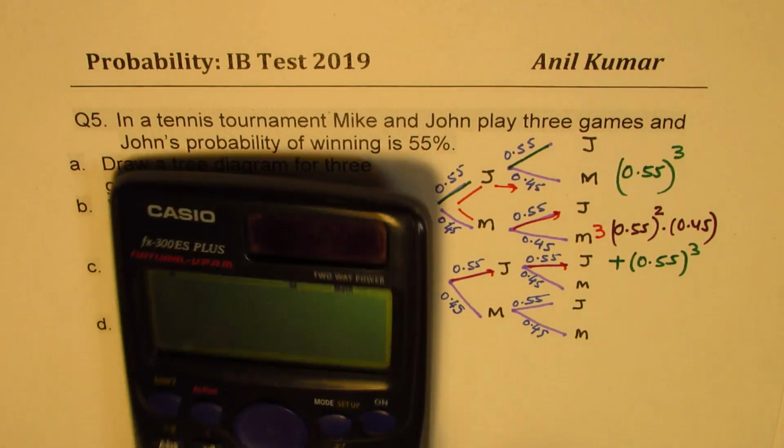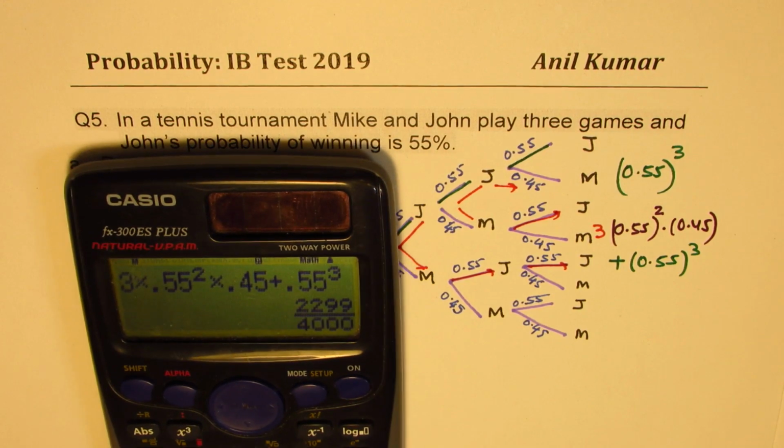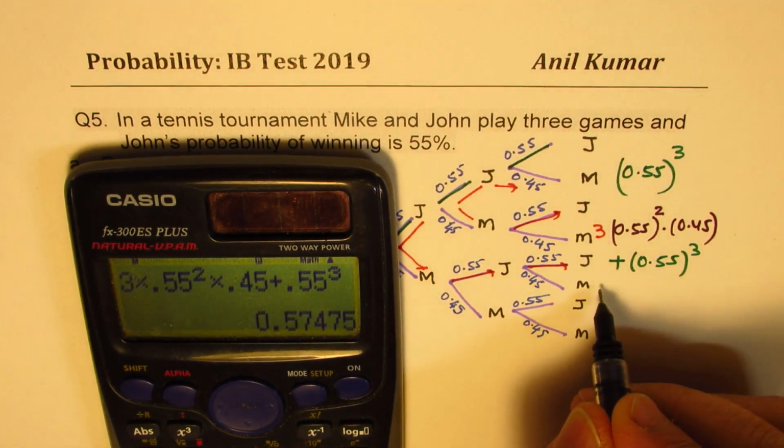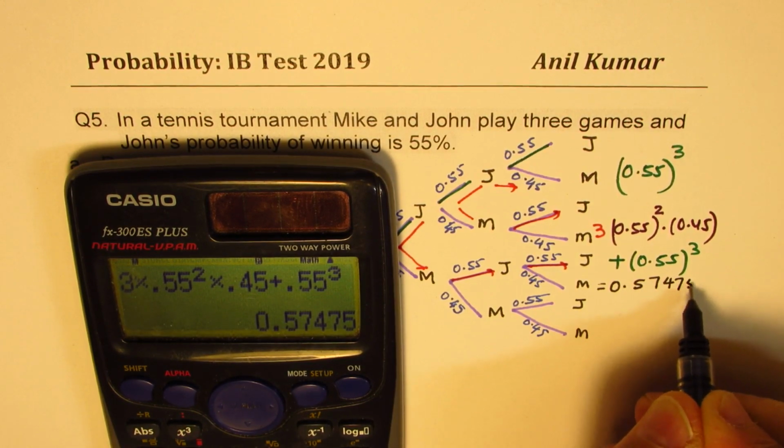Now let's calculate the value. 3 times 0.55 squared times 0.45 plus 0.55 cube equals, in decimals, 0.57475. Okay?